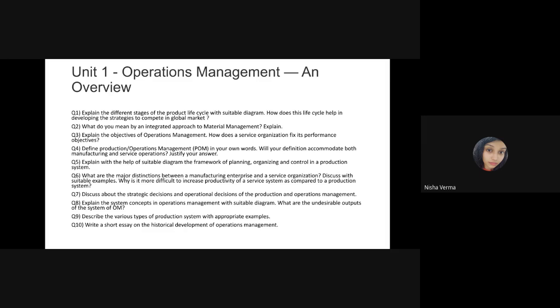Operation management may be defined as the design, operation, or improvement of the production system that creates the firm's primary products and services.